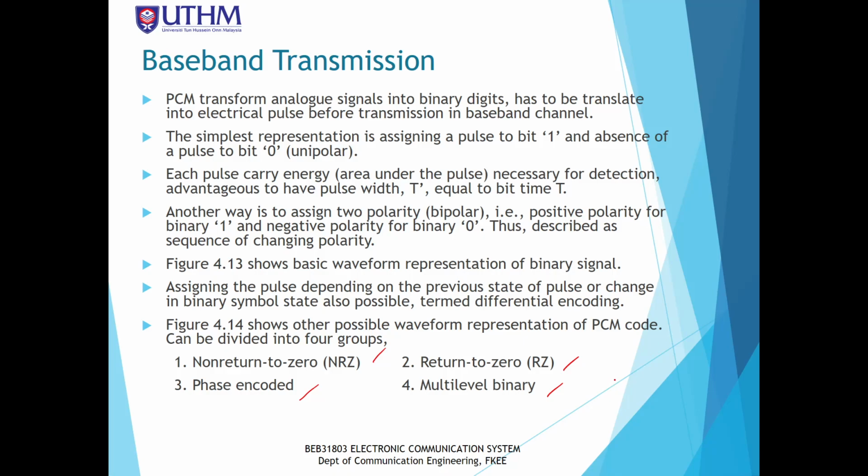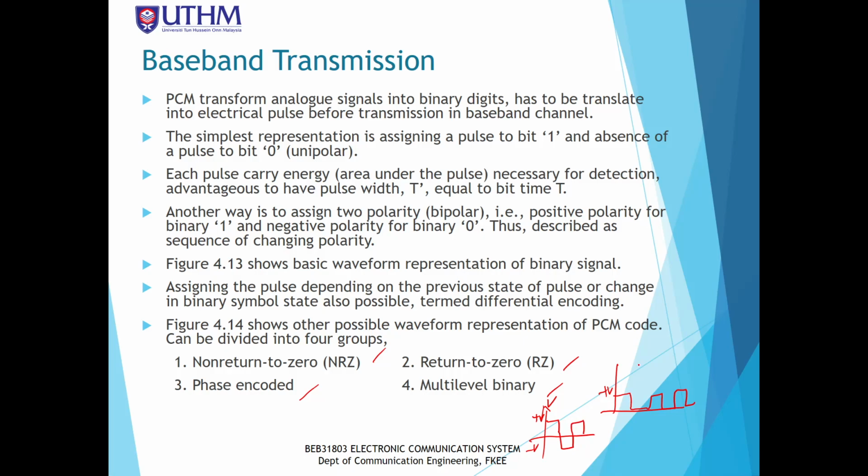Unipolar means that we have only a single polarity, a single polarity positive voltage, or we can also produce bipolar, where we have two polarities, positive voltage and also negative voltage, in terms of different polarities.